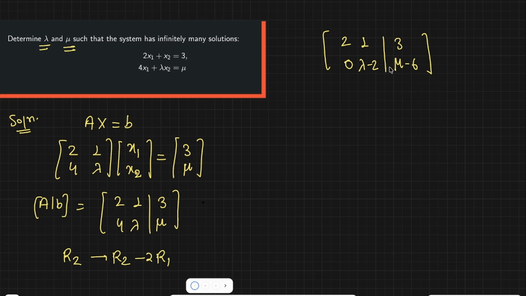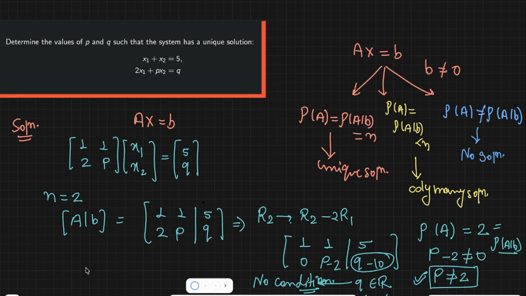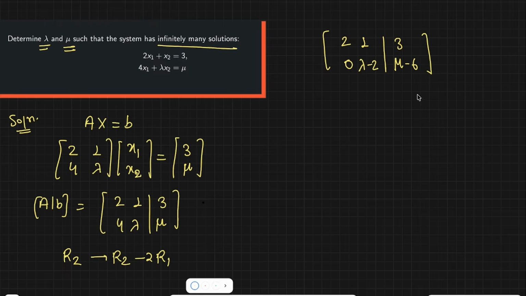So in this case, what is the condition for infinitely many solutions? For infinitely many solutions, the rank of A should equal the rank of AB, but should be less than n. It means the rank of A equals the rank of AB and is less than 2, so it must be 1.